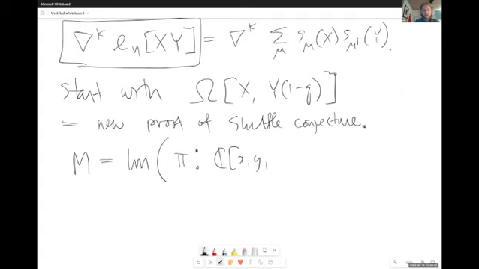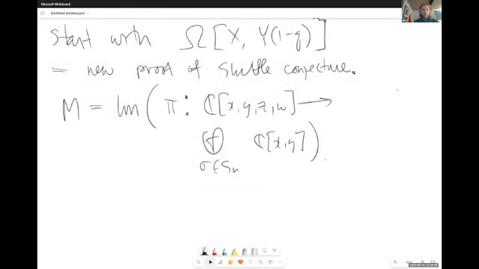So it's this thing in 4 variables. And so now the statement is, if I take M and I tensor it over the polynomials in 2n variables with C, so C is thought of as C[x,y] modulo the maximal ideal generated by all the x variables and all the y variables.